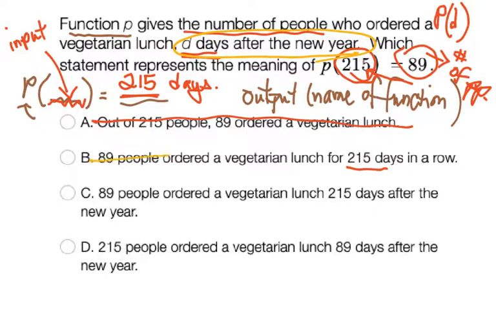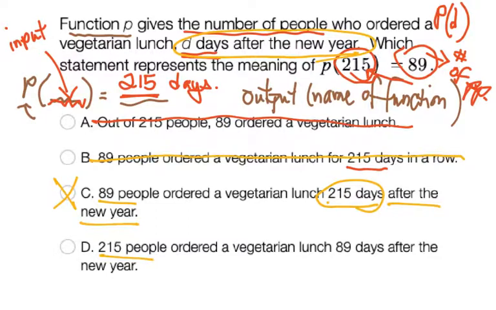So this one can't work. 89 people ordered a vegetarian lunch 215 days after the new year. Bingo! 215 days after the new year, 89 people.